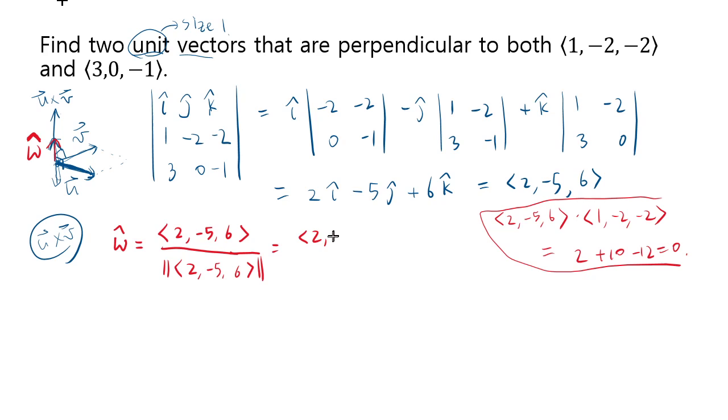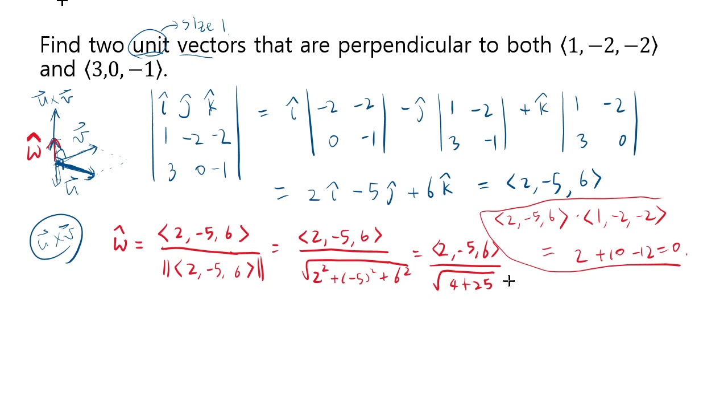That's the square root of 2 squared plus -5 squared plus 6 squared. 2 squared is 4, -5 squared is 25, and 6 squared is 36, and I get that this is the square root of 65.